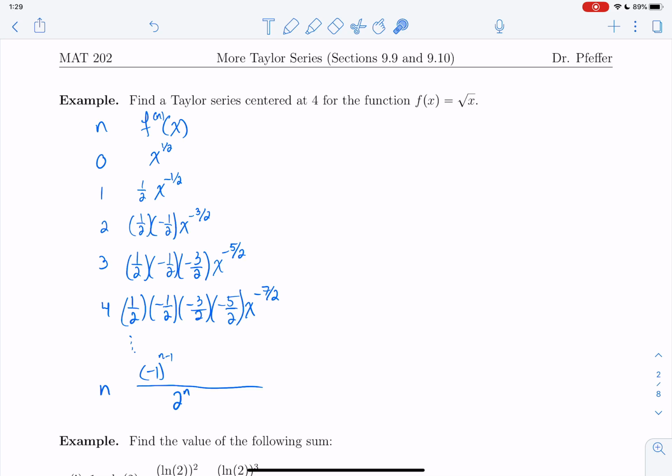Well, one of the ways to get there is we multiply 4 by 2 to get 8, and then we subtract 3 to get 5. And it turns out that that is the correct notion here. So this should be 1 times 3 times 5 times etc. all the way up to 2n minus 3. This is one of the typos I had in Group A.